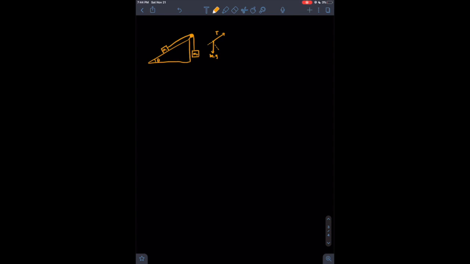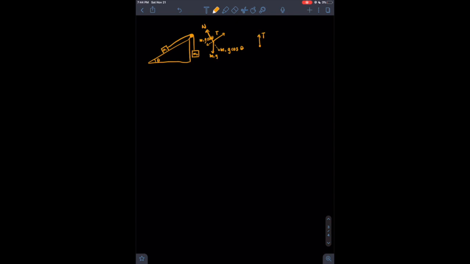So m1g cosine theta is the perpendicular portion, not m2. And m1g sine theta is pulling it down the wedge, and then there's the normal force pulling it upward.